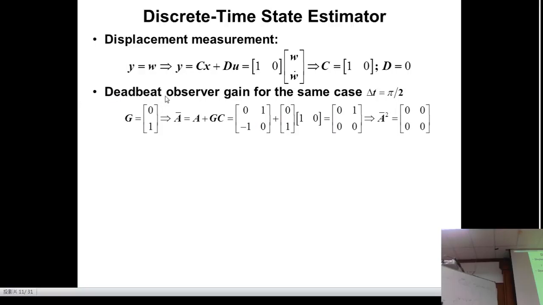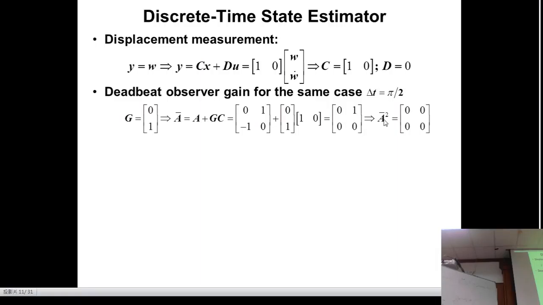If I have a G of 0, 1 like that, and A bar equal to A plus GC, and this A is the A shown in the last slide, with delta T equal to pi over 2, then A is 0, 1, minus 1, 0, plus G is 0, 1, C is 1, 0, then A bar equal to A plus GC will become 0, 1, 0, 0.